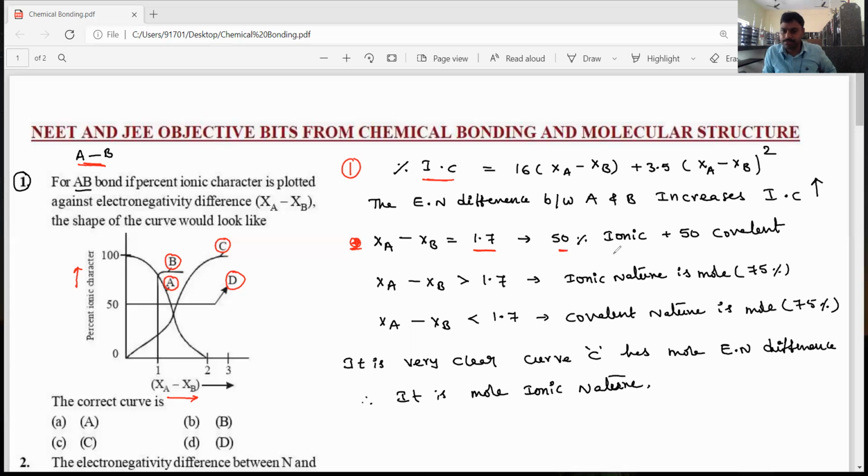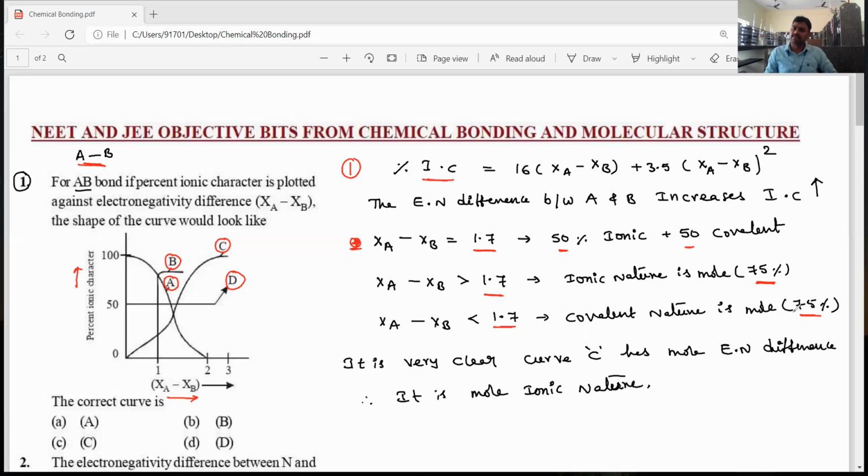If the electronegativity difference is more than 1.7, then the bond has more ionic nature, around 75 percent ionic and the remaining 25 percent covalent. If it is less than 1.7, then the bond has more covalent nature, around 75 percent covalent and the rest 25 percent ionic.